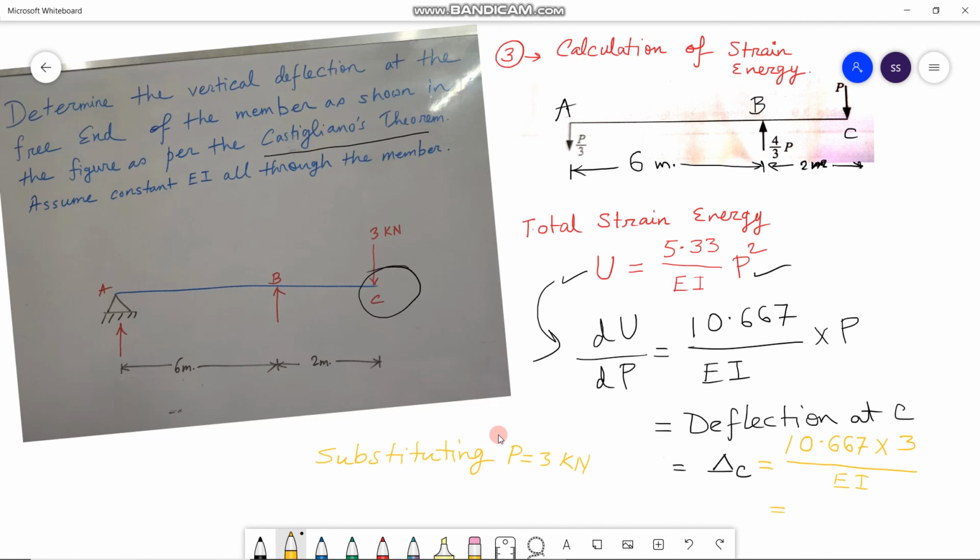So we get deflection at C equals 32 by EI. So this is the deflection at point C, that is 32 by EI.